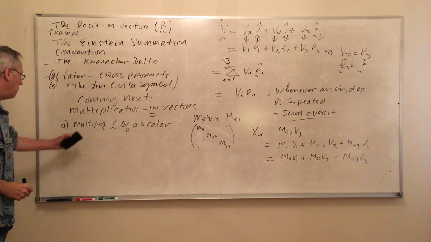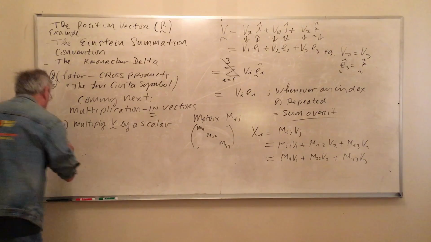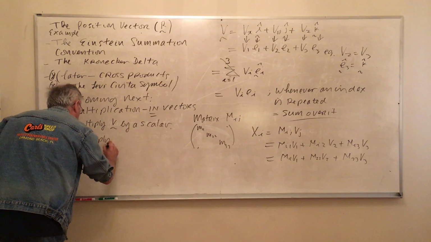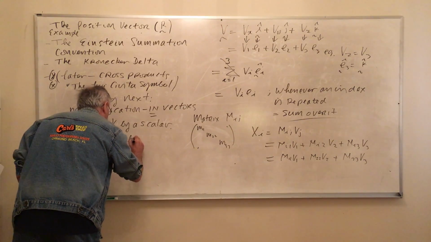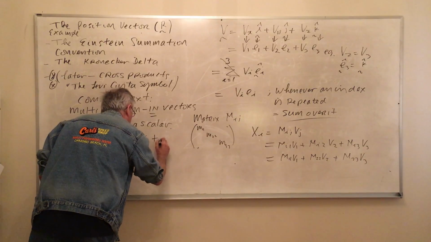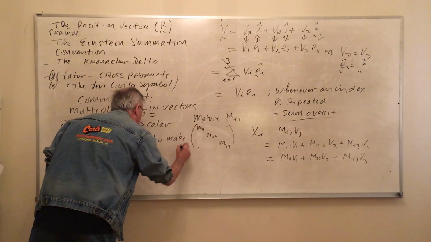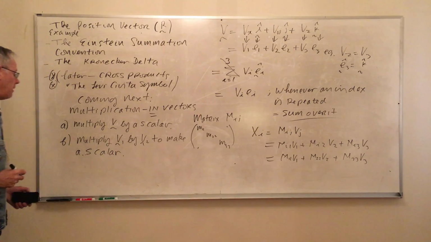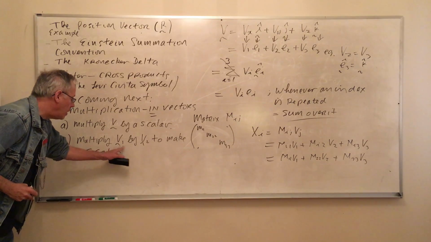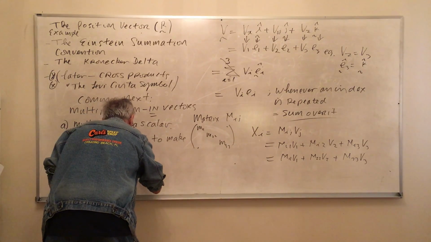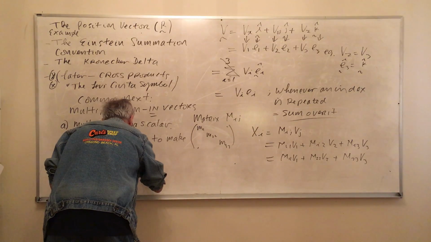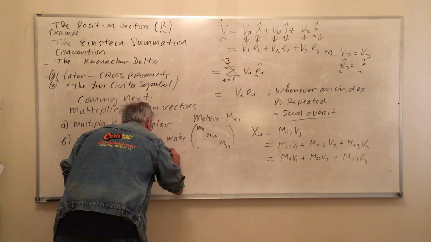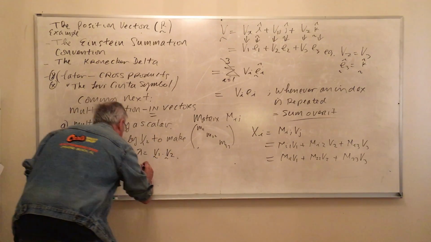There's a scalar, multiplying by a scalar. Next way to multiply a vector is to multiply vector 1 by vector 2 to make a scalar. And we call this the dot product.